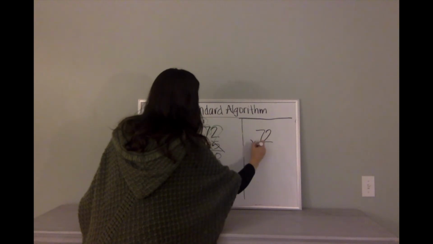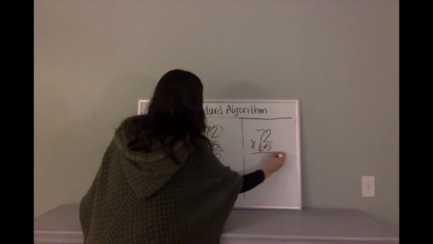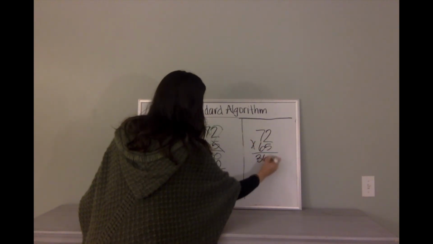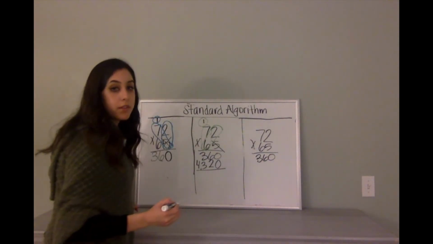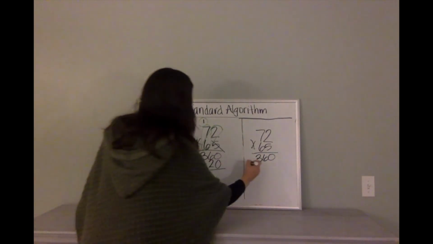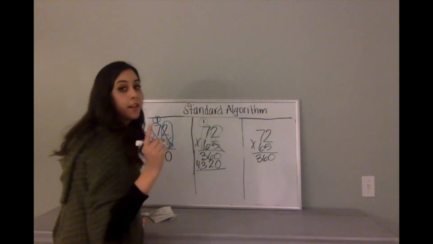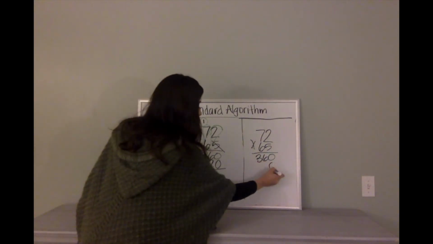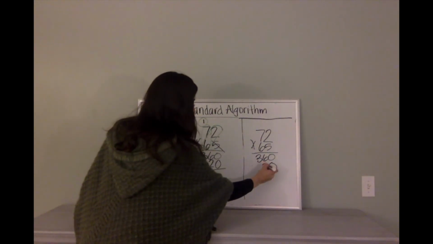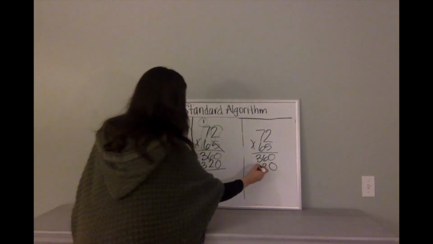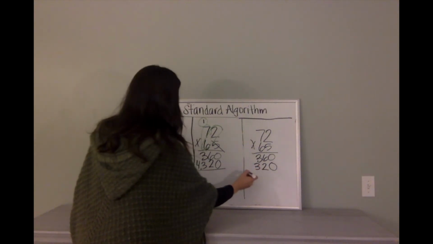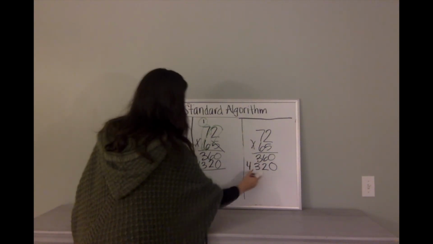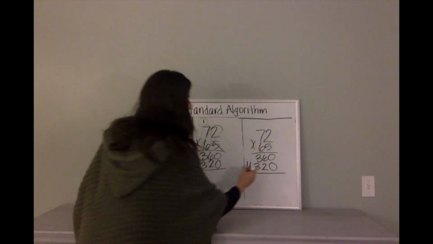72 times 65. We have 360 and then we have 4,320. And make sure that we align all the numbers. The 0 goes in the ones place, 2 goes in the tens place, the 3 goes in the hundreds place, and the 4 goes in the thousands place. We're going to go ahead and add all that up.